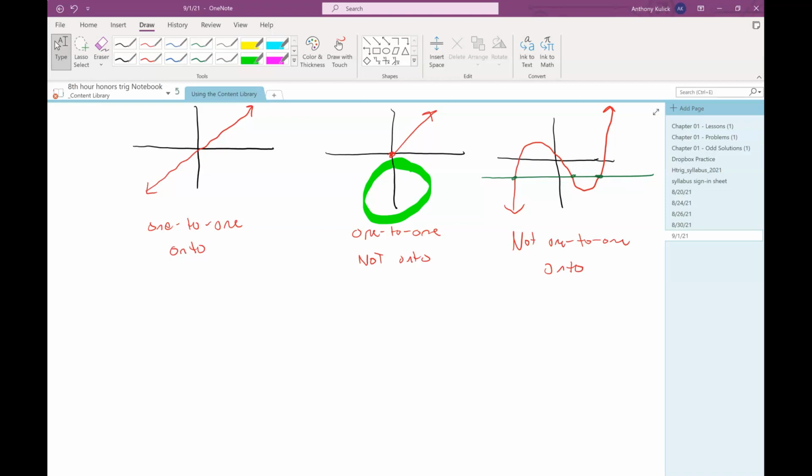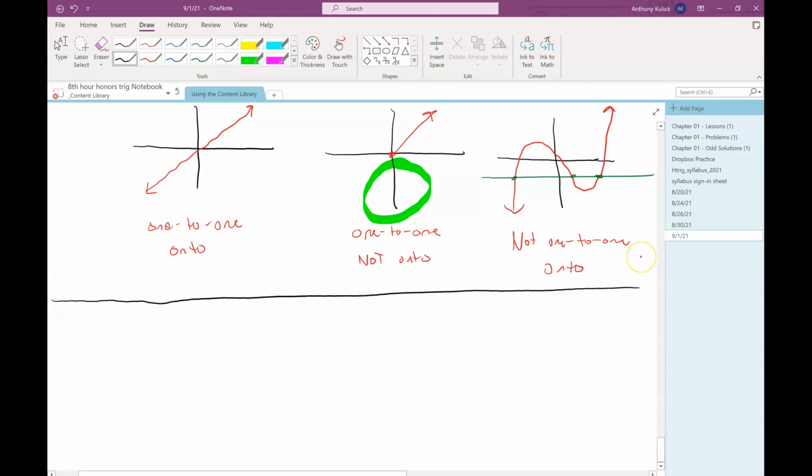All right. We have one more way to represent a function that we should talk about how to find its inverse. And that is with an equation. So let's do a couple of examples of doing that.